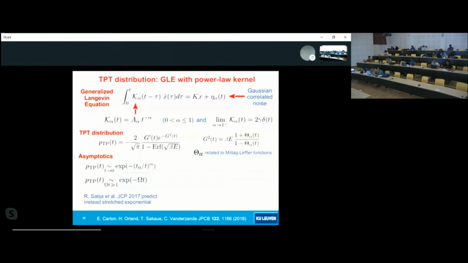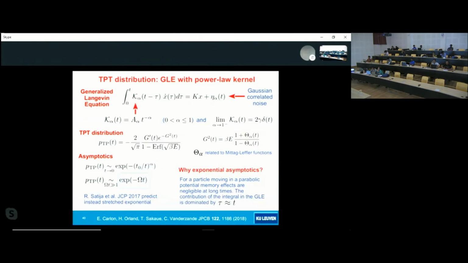It is an exponential, and we are disagreeing with some previous results. In the group of Makarov, there was a work predicting stretched exponential decay, which we don't see, and I think they're using a different approach. We also have some arguments explaining why it's exponential and not stretched exponential.